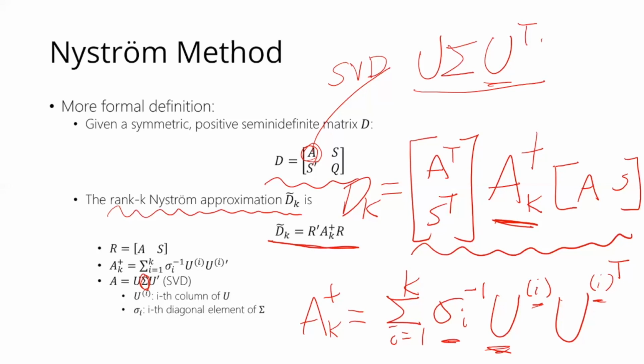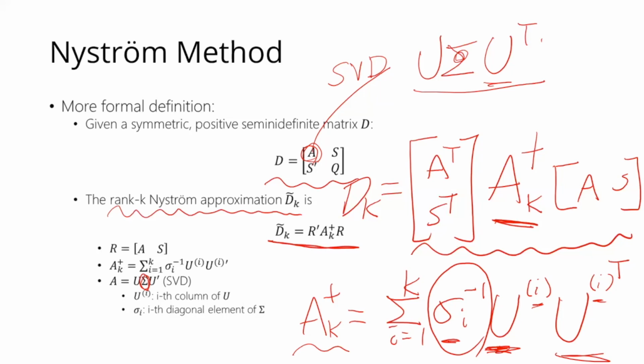So we're basically multiplying a column vector with itself and then multiplying by the inverse of the corresponding diagonal component of sigma. And that's why we construct A_k plus, okay? It sounds complicated, but actually what's happening here is, with the SVD result, you're just dropping the elements after the kth.